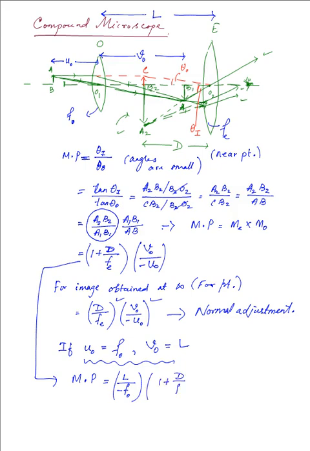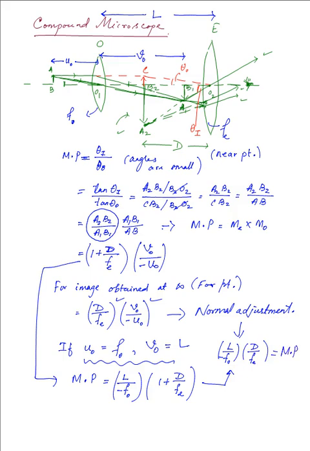Now, if this is considered for the normal adjustment, then we have both the cases taken into account. So we have L over FO in negative, and then we also have D over FE in case of the eyepiece.